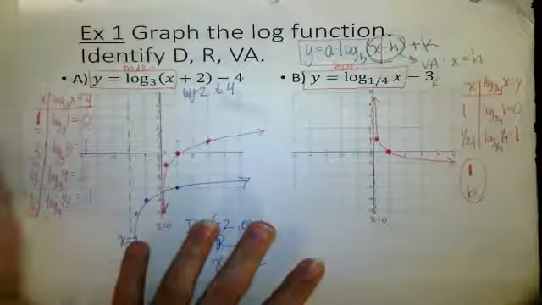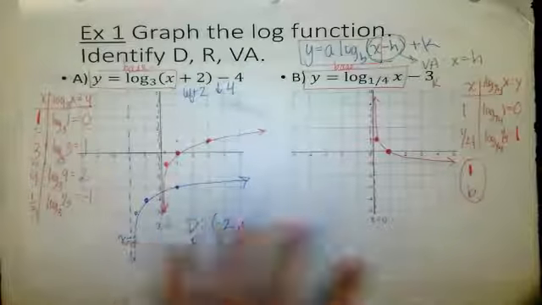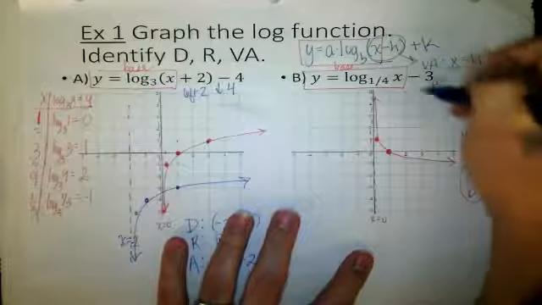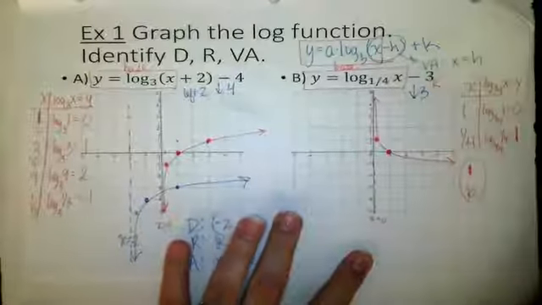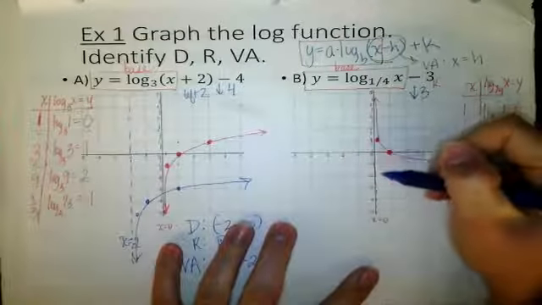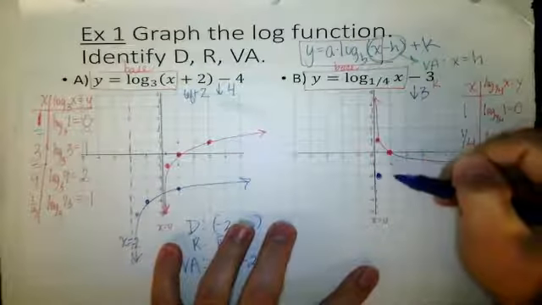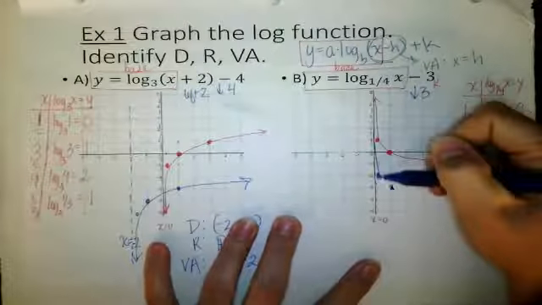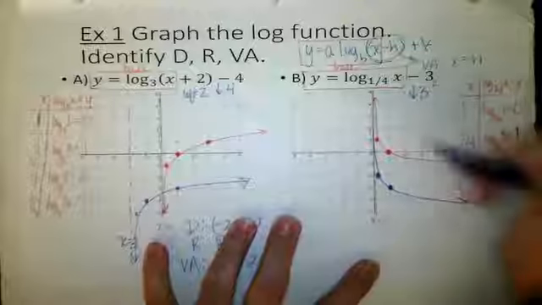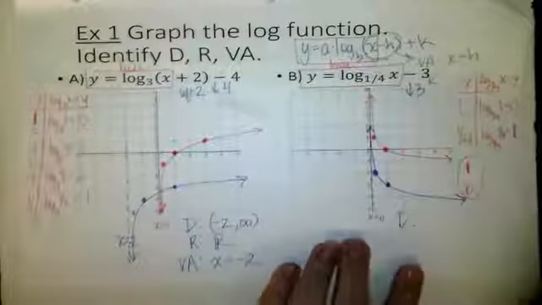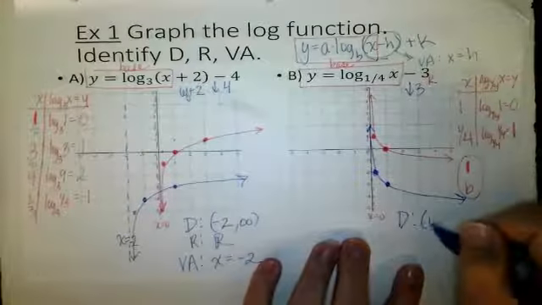And then how are we going to shift this function? Down 3. This is the outside value. It goes down 3 units. There's no horizontal shift on this one. So we're going to go down 1, down 2, down 3. Down 1, down 2, down 3. Does my vertical asymptote change? Nope. So there's my blue graph. What's the domain? 0 to infinity.